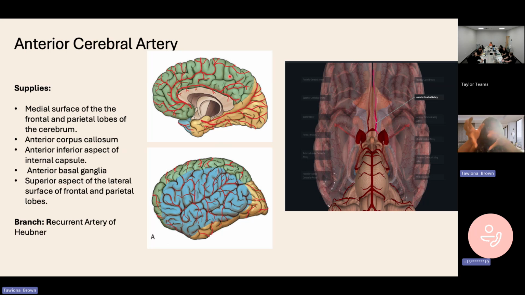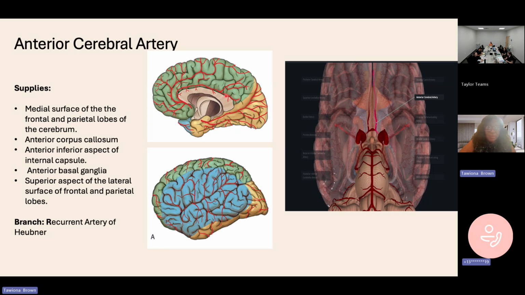That inside component of the hemispheres. And as you can see, that vasculature is really expanded, because when you get to the lateral aspect, you only see where it's supplying that uppermost superior aspect of the brain on the lateral aspect. But as you can see medially, you can see the expanse of that vasculature and what it supplies.